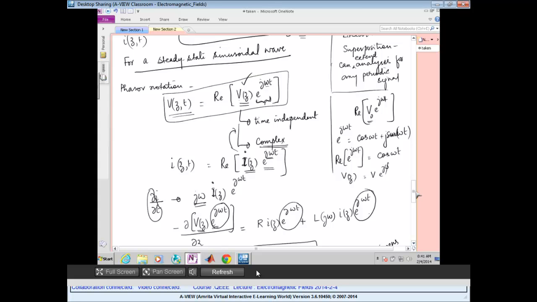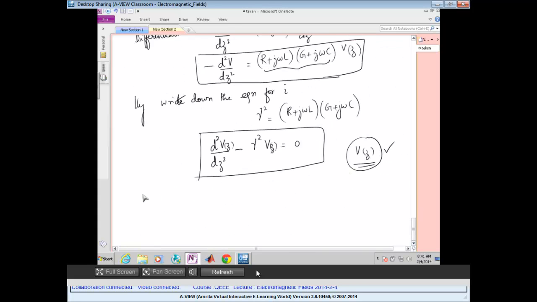So that is the approach that we are going to follow. We will solve for V(z), and then you find V(z,t) as real part of V(z) e power j omega t. If I can do this for voltage, I can do the same for current.